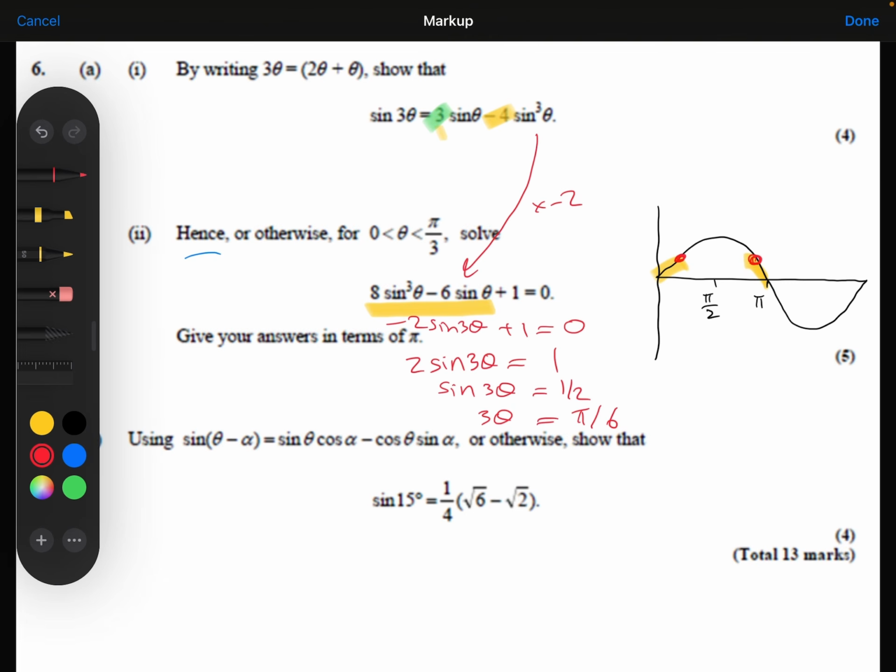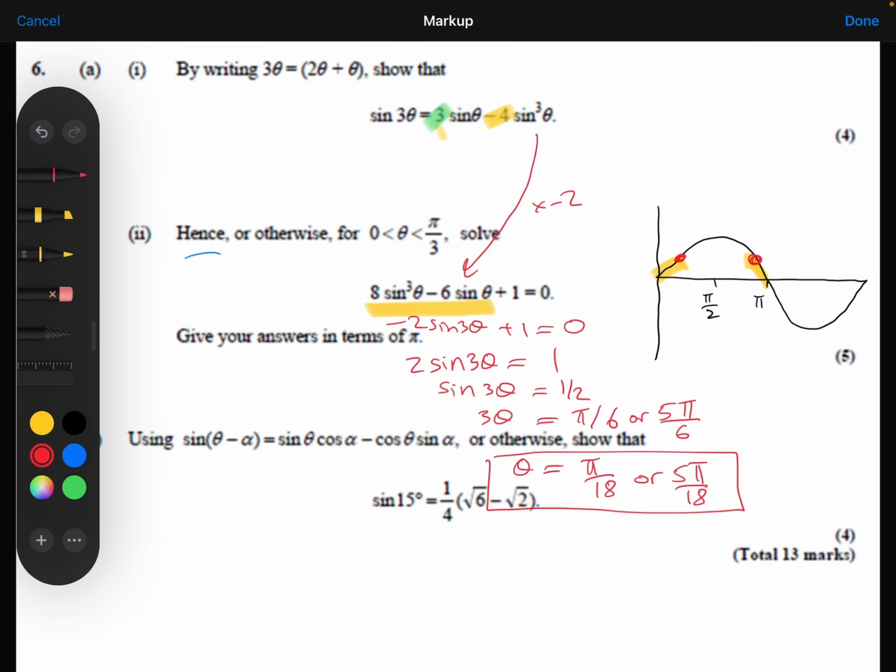So pi minus pi over 6 is 5 pi over 6. And then divide both of my answers by 3, and I get pi over 18, or 5 pi over 18. Those are my answers for part II.